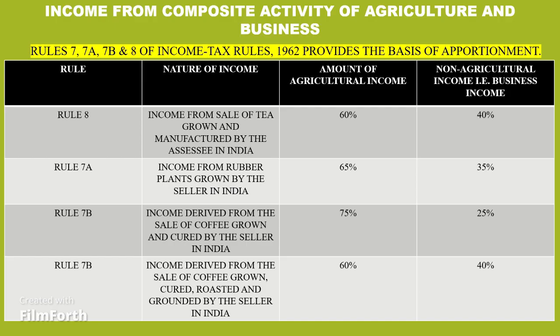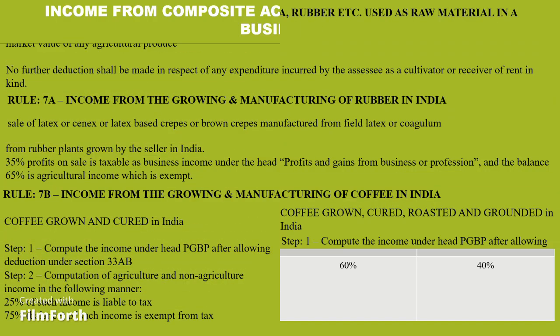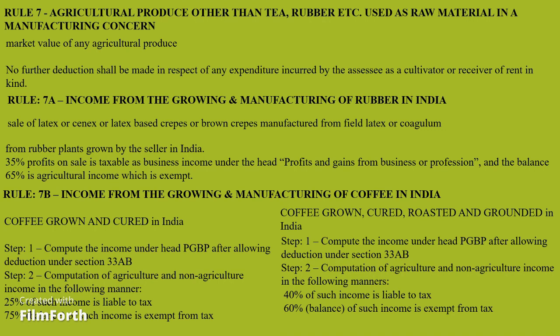Rule 7. Agricultural produce other than tea, rubber etc. used as raw material in a manufacturing concern, where income is partially agricultural income and partially income chargeable to income tax under the head profits and gains of business, the market value of any agricultural produce which has been raised by the assessee or received by him as rent in kind and which has been utilized as raw material in such business, or the sale receipts of which are included in the accounts of the business, shall be deducted.